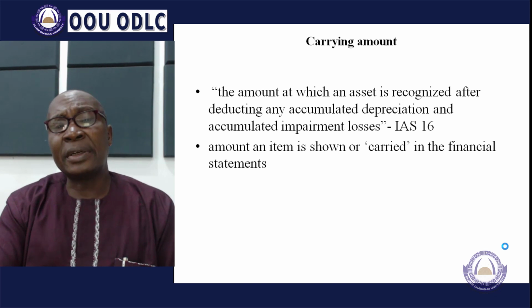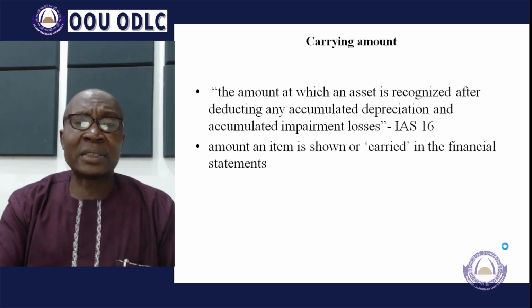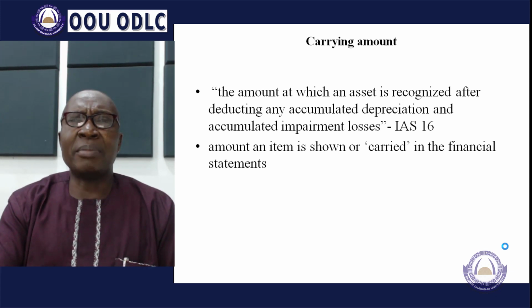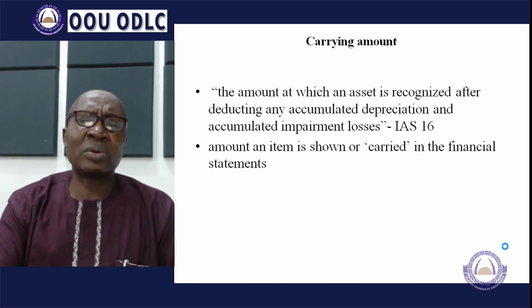The double entry that will be passed while accounting for depreciation. After you have gotten the depreciable amount and you have divided it by the useful life of the asset, the figure that we get is the annual depreciation expense for that asset.